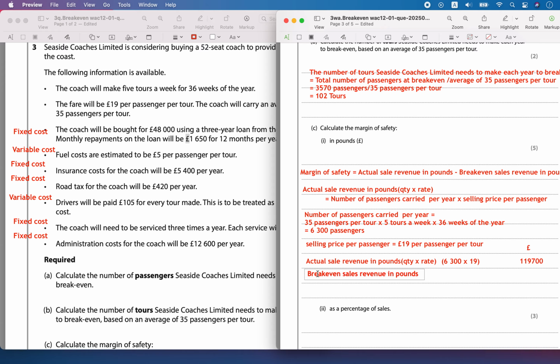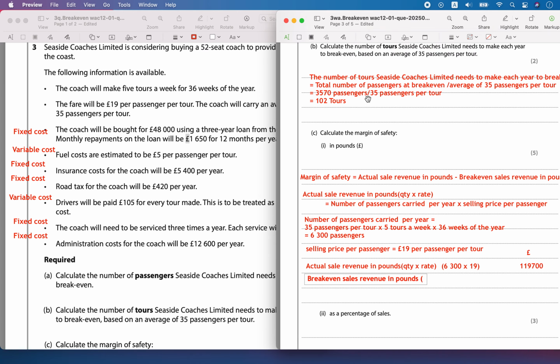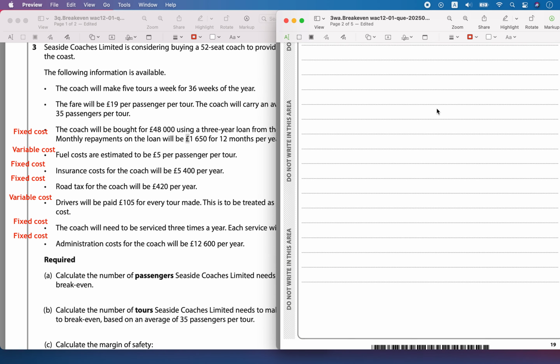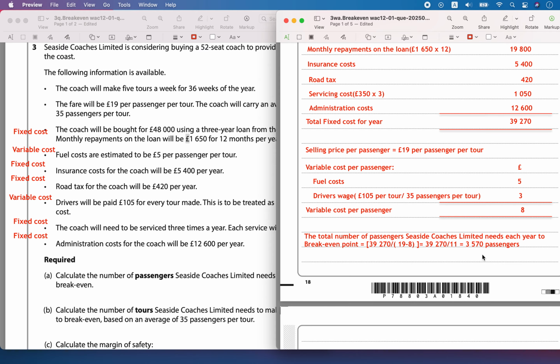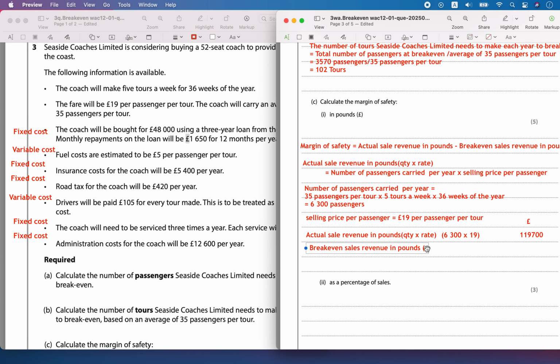At the break-even point, we saw that they do not need to carry 6300; even if they just carry 3570 passengers, they will achieve break-even.